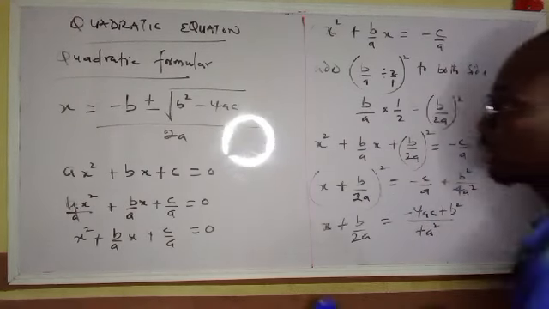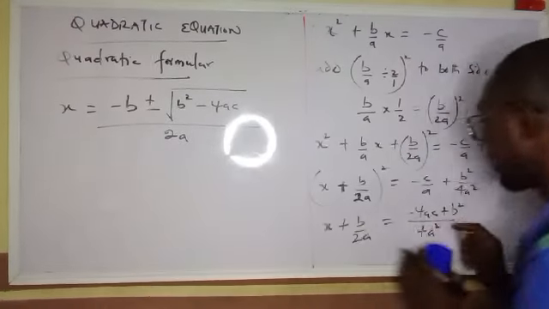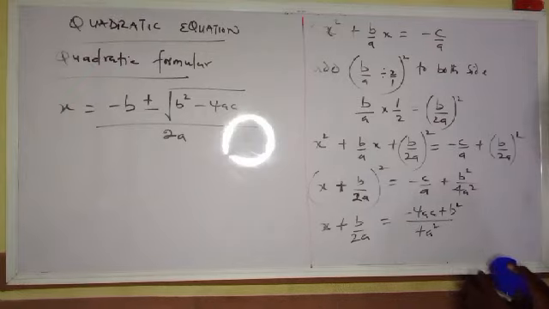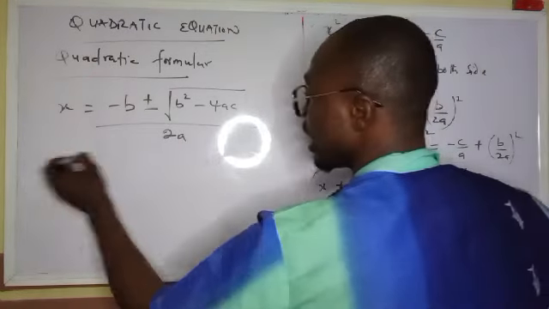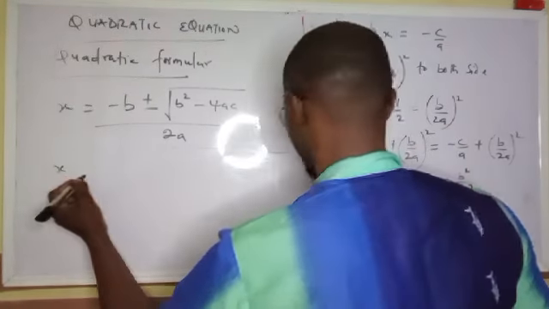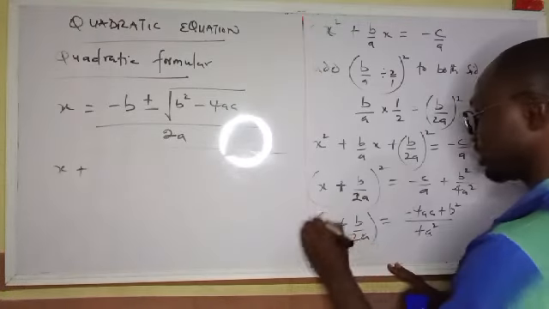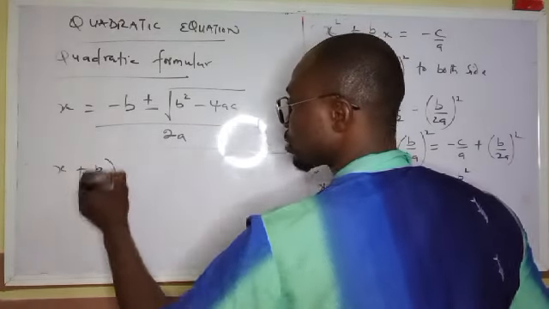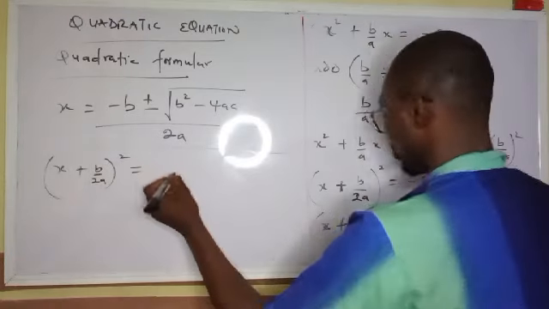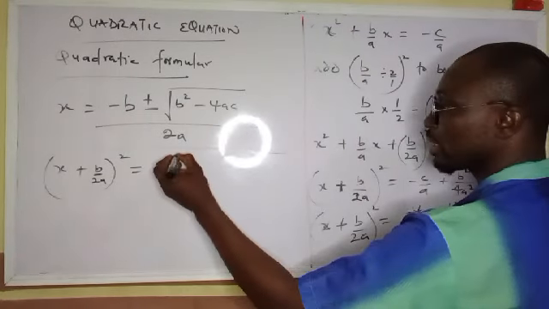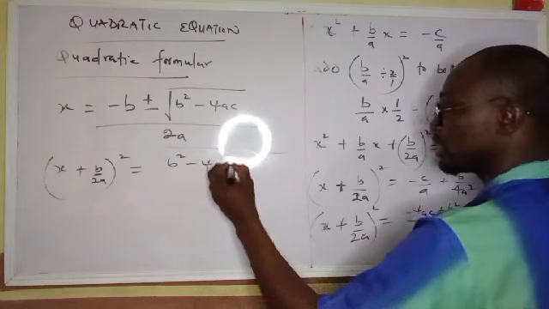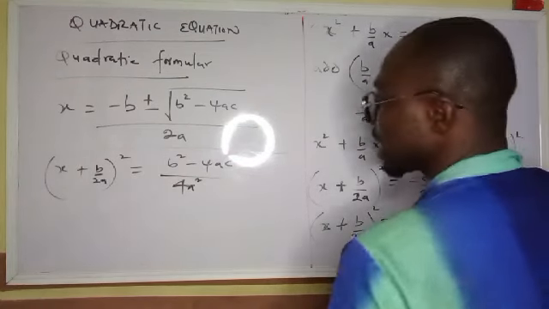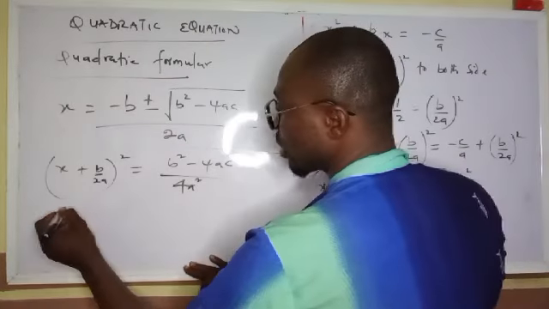Permit me to rewrite it. I want to bring b squared to the front and minus 4ac to the back. So we have x plus b over 2a, squared, is equal to b squared minus 4ac all over 4a squared. Let's take the square root of both sides.